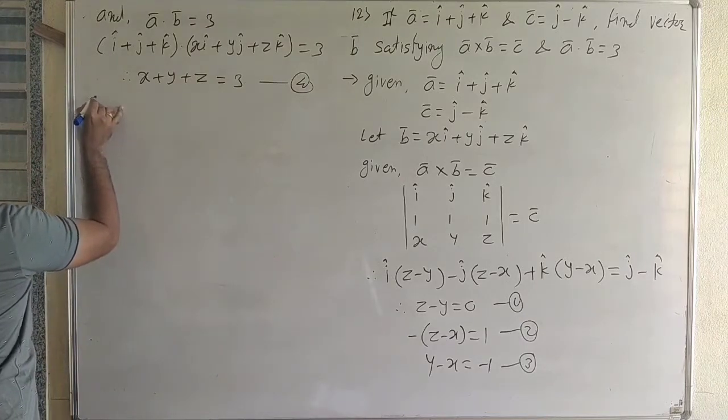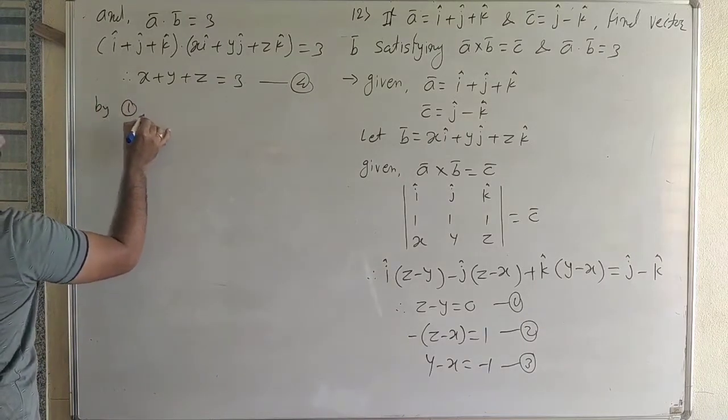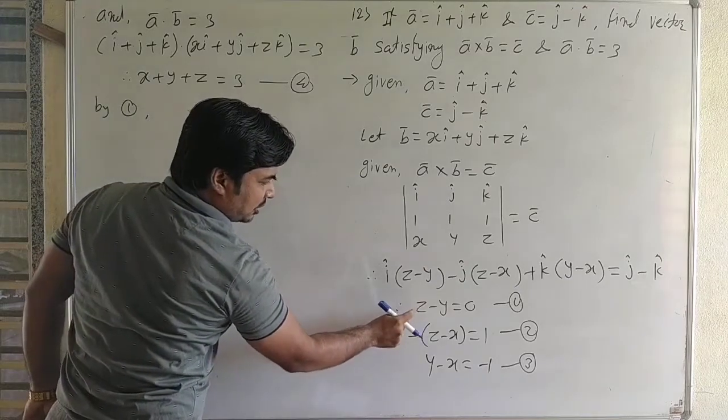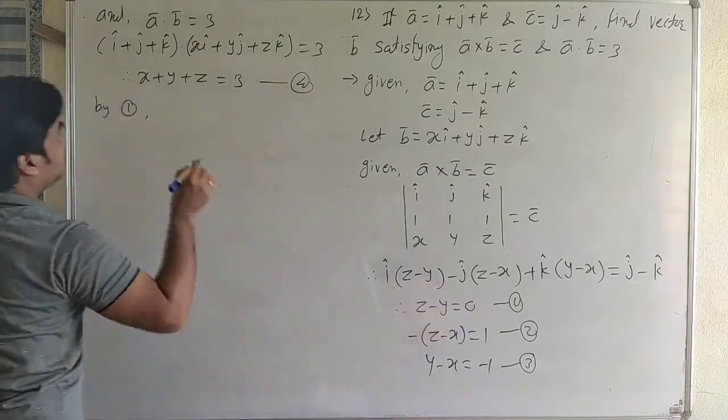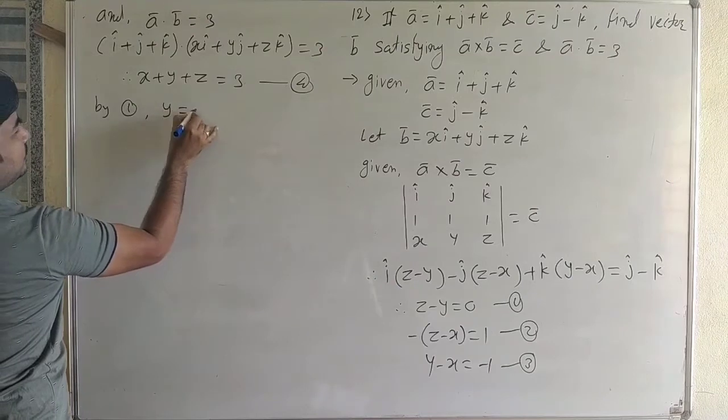Now here, by equation number 1, z minus y equal to 0, that is y is equal to z.